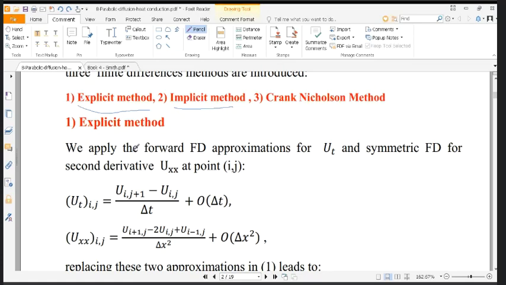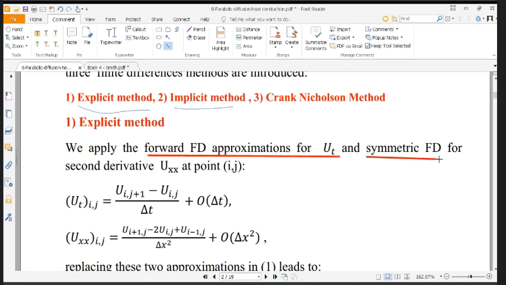As I said to you, the first method is the explicit method. To construct an explicit method for the diffusion equation, we use the forward finite difference approximation for U_t and a symmetric finite difference for U_xx.